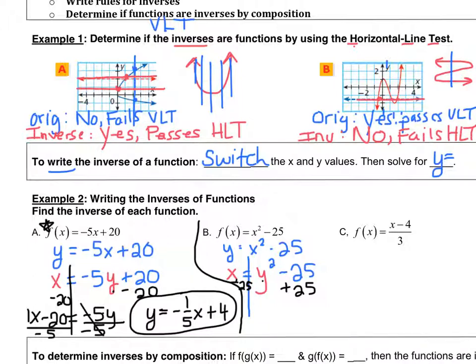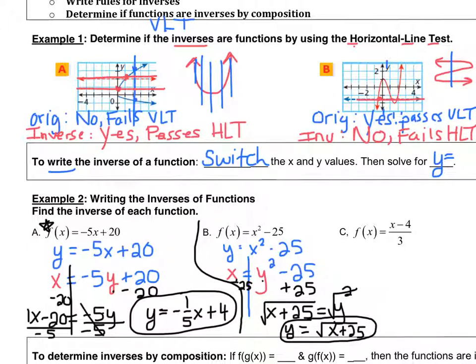So we have, I'm going to have to move this over, x plus 25 equals y squared. One more step to get the y all by itself, and that is to square root it. And we'll square root the other side, and you can basically leave your answer just like that. The square root of x plus 25. And you're done.